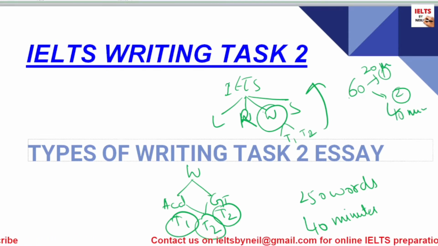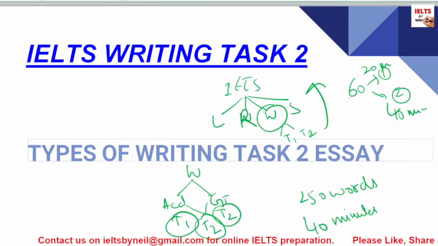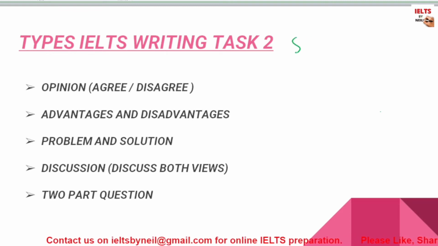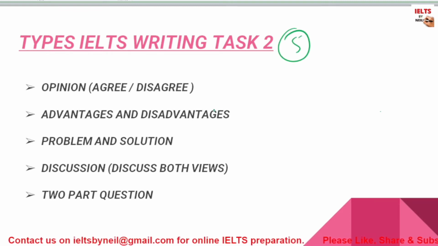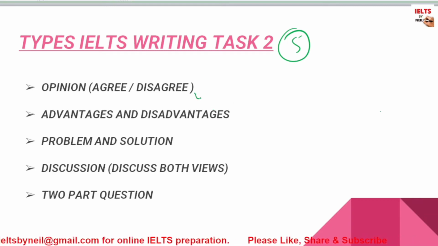So in this video we're going to learn how many different types of essays there are which could be asked in the writing section. Okay, so these are the 5 different types of task 2 which could be asked in the IELTS writing section. Okay, so number 1 is opinion essay, that is agree or disagree.